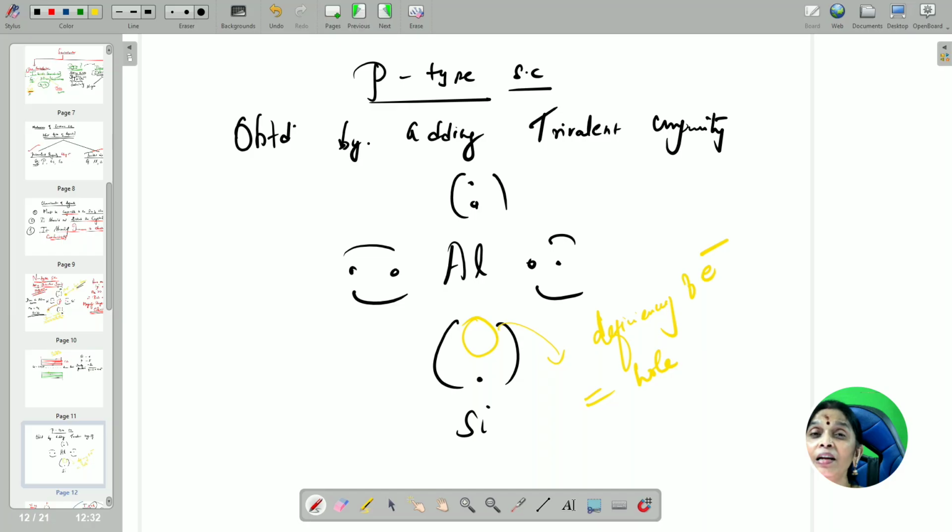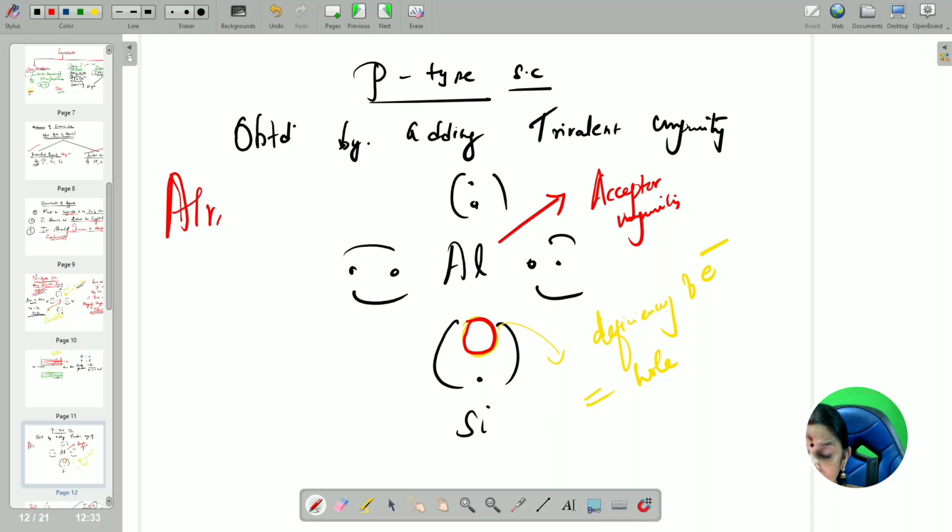So, therefore, 1 aluminum atom seeks 1 electron to form a covalent bond. So, this kind of impurity is called an acceptor impurity. It has a tendency to accept the electron. So, therefore, this is called an acceptor. 1 aluminum atom produces 1 hole. So, therefore, n aluminum atoms produce n holes.